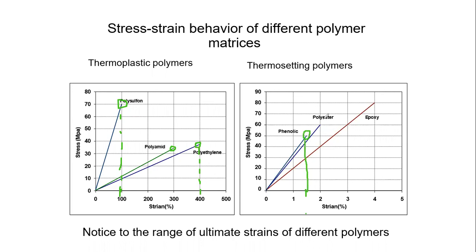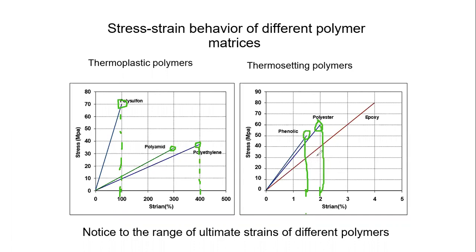And when coming to the polyesters, it has a stress of 60 megapascals and strain of up to 200%. So 200% of strain.